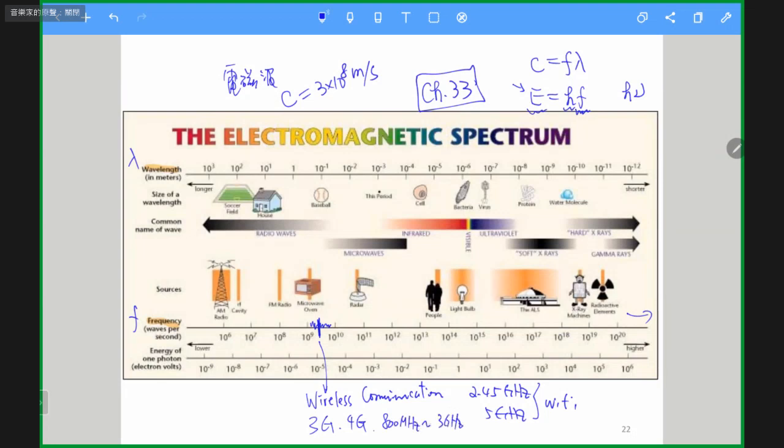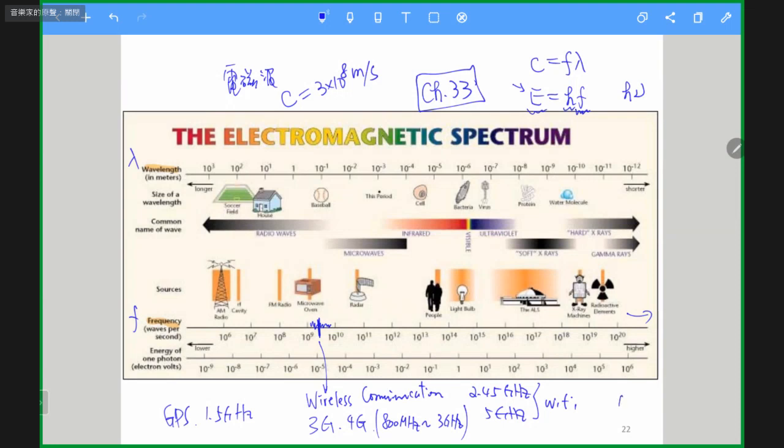Not a very precise value, but around that range. Even GPS uses 1.5 gigahertz, and so on and so forth. Around that level, we use it for different kinds of wireless communication.